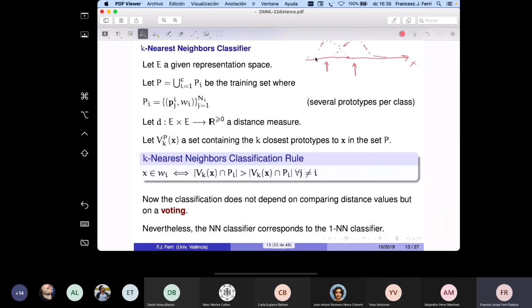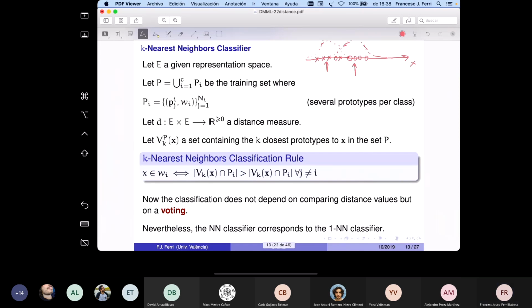Imagine that we have this, this, this, and this from the class on the left, and this for the class on the right. This can happen because these two Gaussians have overlapping.